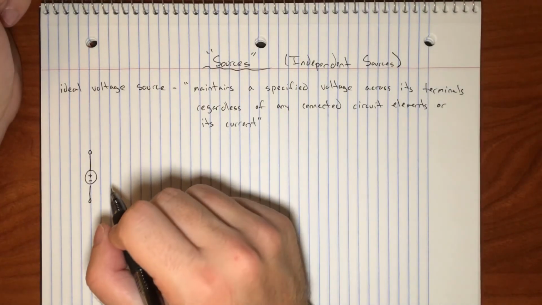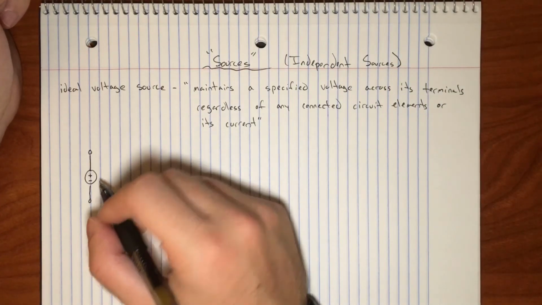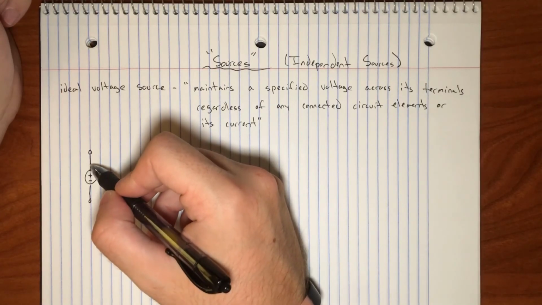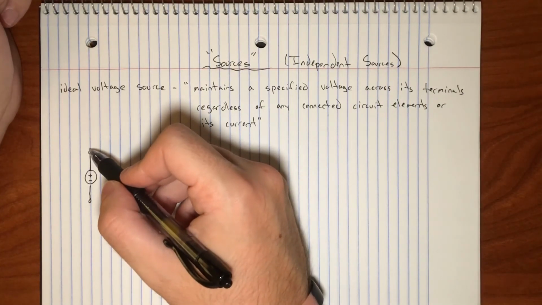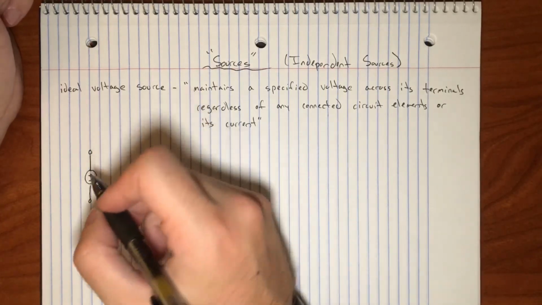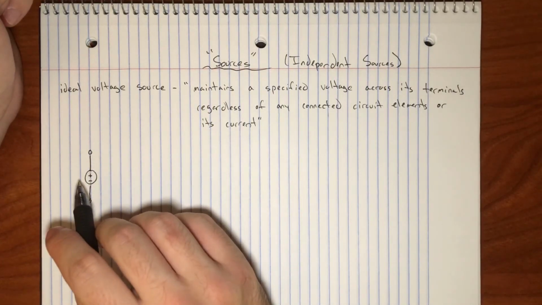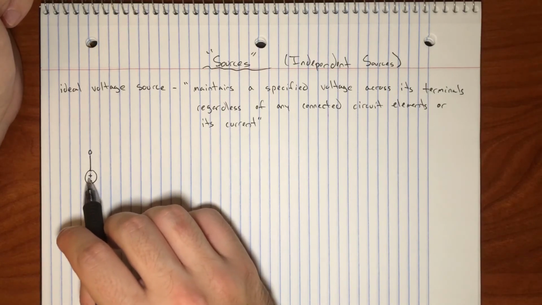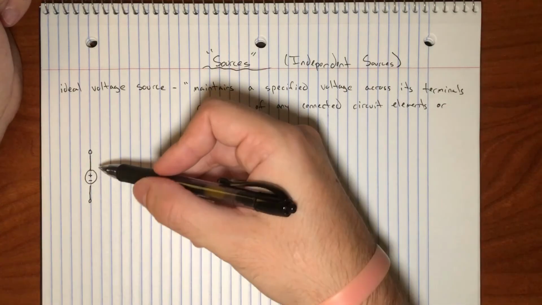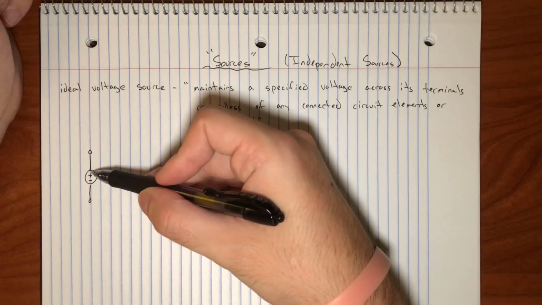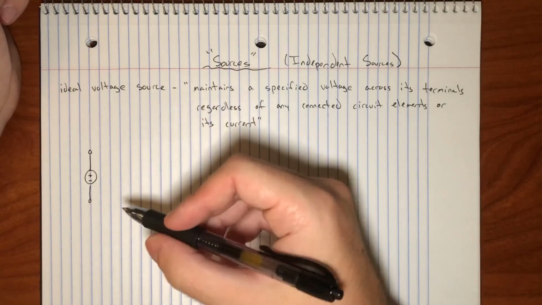Like my general circuit element drawings, I have these lines, these ideal conductors that branch off, and these little dots indicating nodes. The symbol here is a circle with a plus and a minus inside it. That indicates this is a voltage source, and which terminal is positive and which is negative.